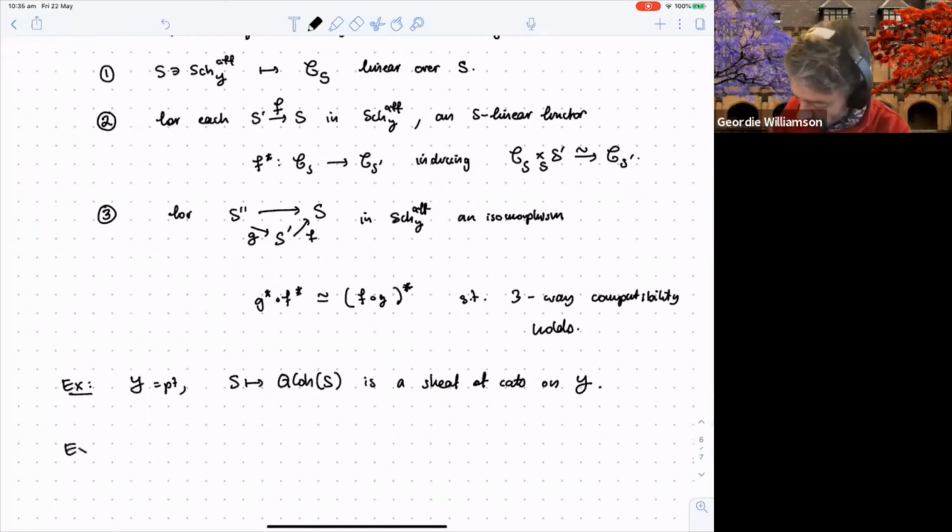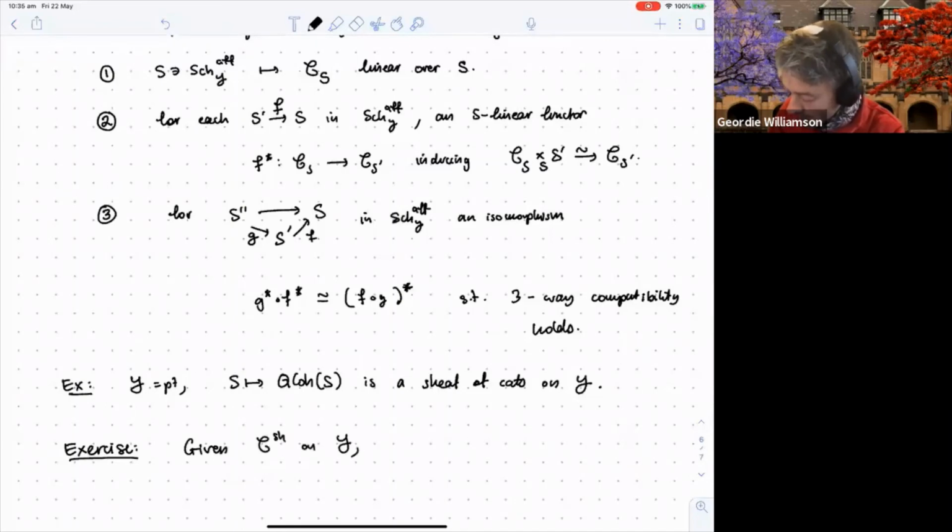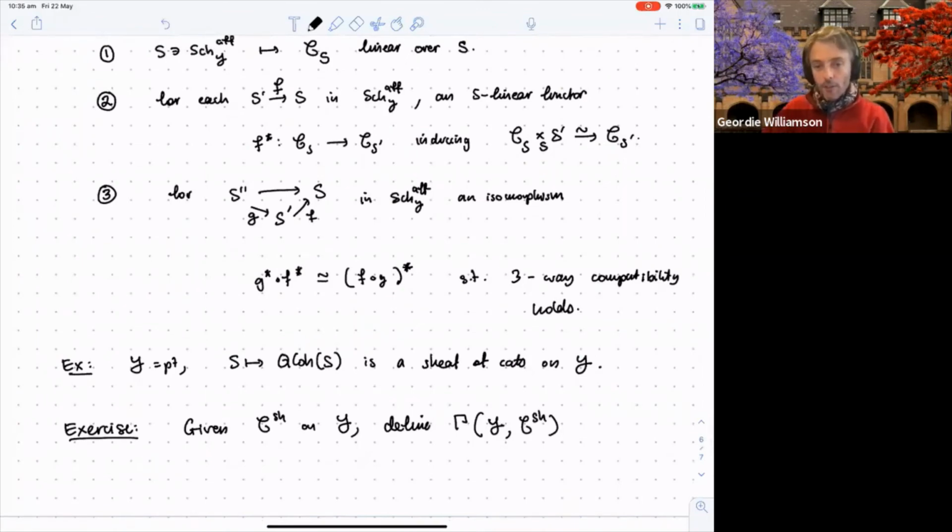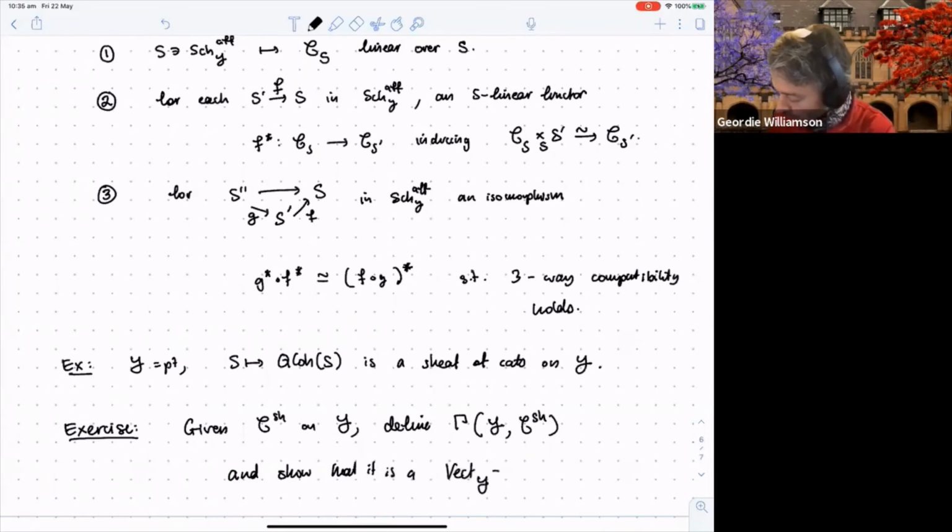And the exercise is to define the global sections of this sheaf of categories and show that it is a Vect Y module.